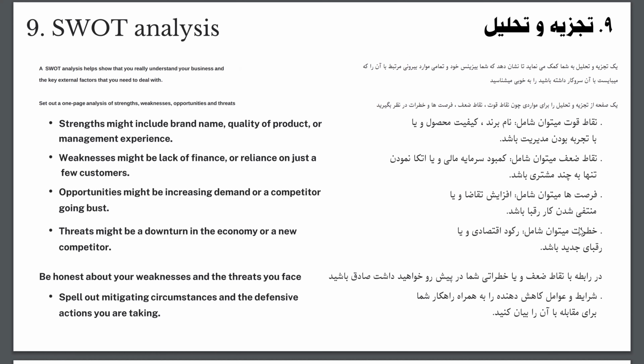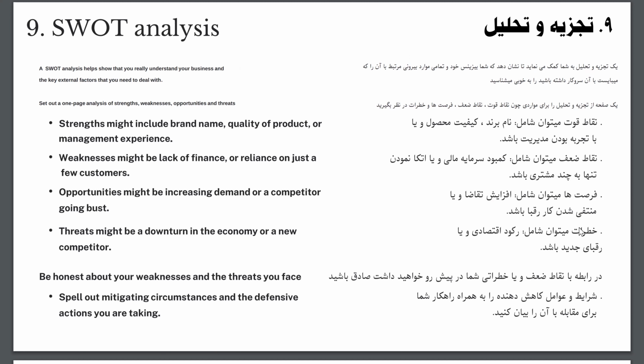Okay, and then spell out any circumstances and defensive actions that you're currently taking to overcome those things that are bad. و تمام اون کارهایی رو که شما انجام میدین که اون نقاط ضعف رو تبدیل به قوت بکنین و اون چیزایی که نیاز هست انجام بشه رو مشخص کنین، اونا رو مکتوب بنویسید.